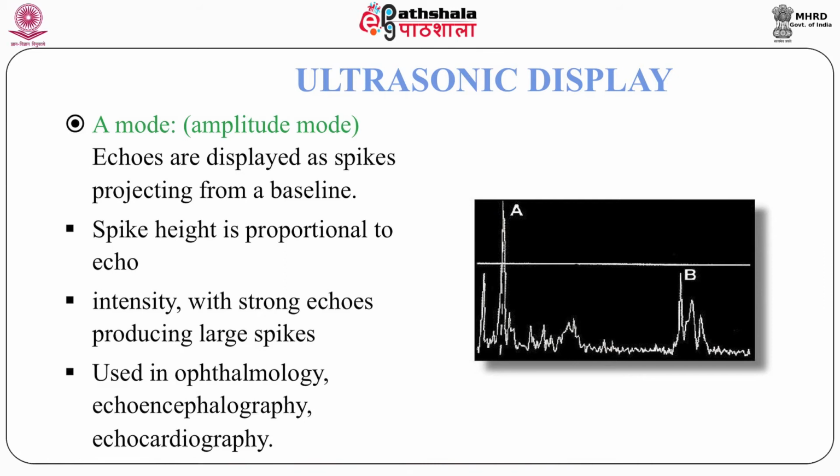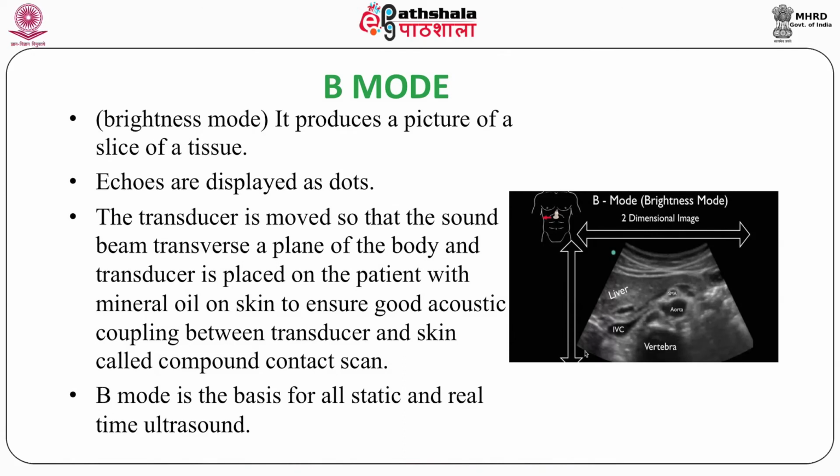Now coming to the B mode. As you can see here in this figure, B stands for brightness mode. The B mode produces a picture of a slice of tissue. Here the echoes are displayed as dots. The brightness of the dot depends on the amplitude of the returning echo.